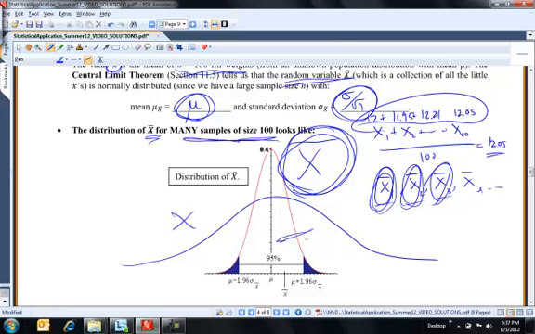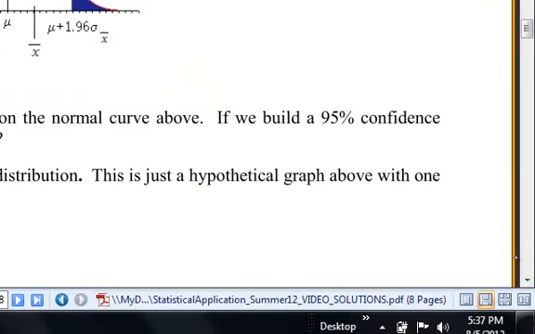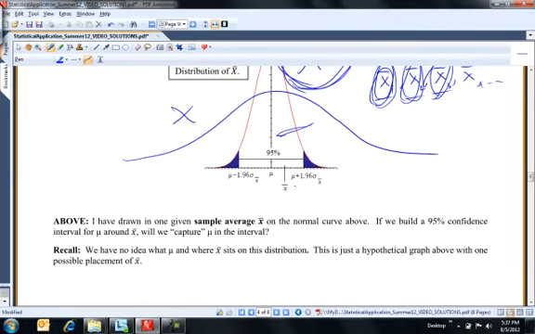Imagine I graphed a lot of little x bars. Let's say the x bar I got today is the 12.05. It could sit anywhere on this curve, and just imagine it's sitting right here. We don't know what the true mean mu is, but we know that if I graph capital X bar, mu is at the center.